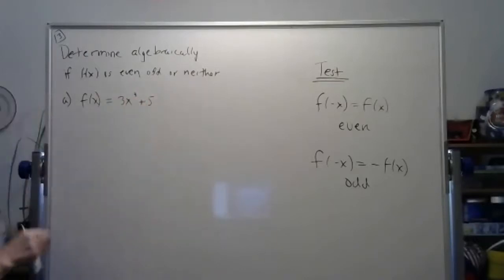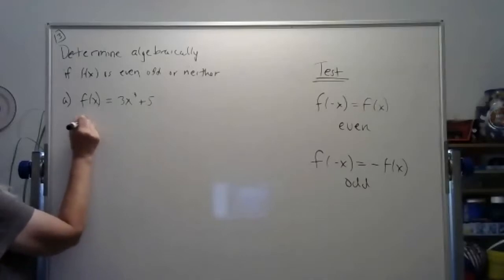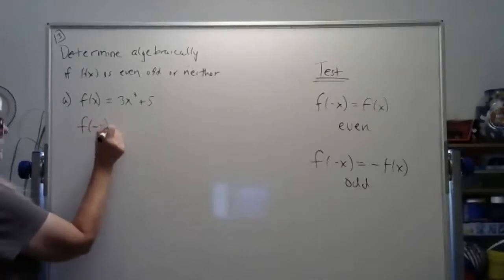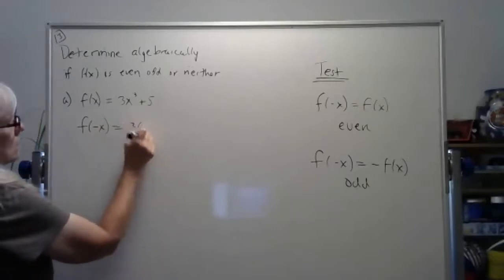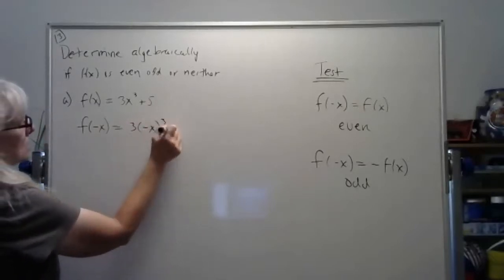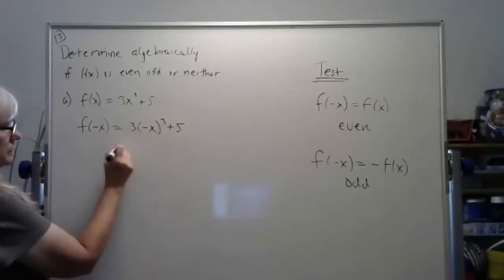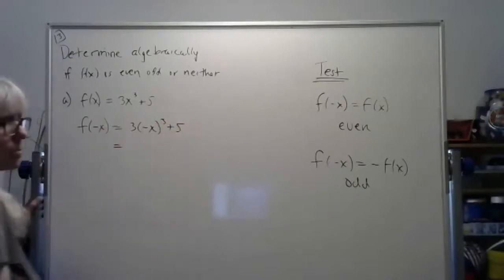So based on our previous discussion about exponents, you probably have a fairly decent guess on what's going on here, but we need to be careful. So what we're going to do is, to test this, we're going to come in and plug in f of negative x. So we're going to replace all the x's with a negative x. So that would be 3 times the negative x cubed plus 5. And now we'll do the arithmetic.